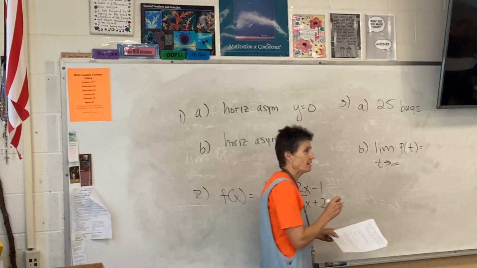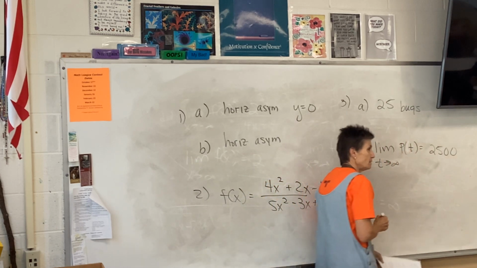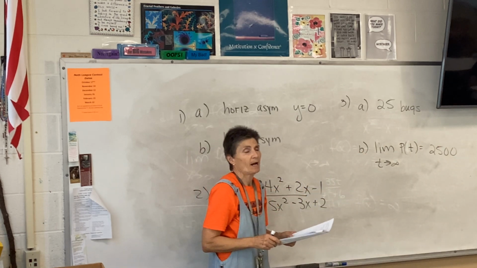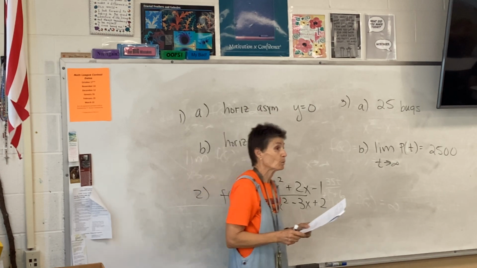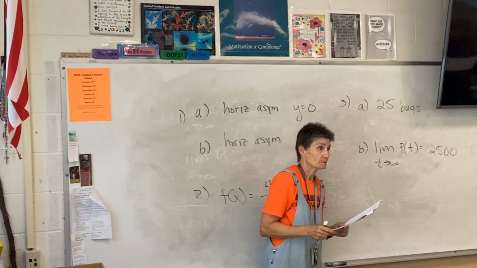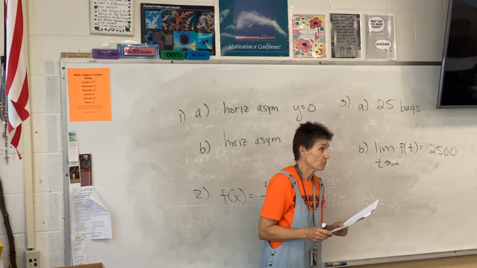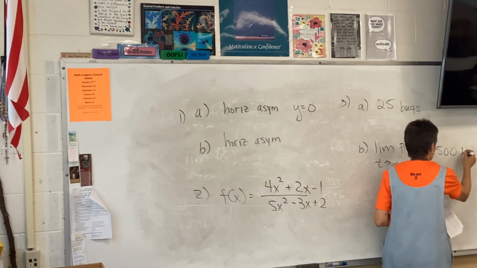So what is that? 2,500. Now what does that mean in the context of the problem? That's 2,500 what? Days? No. 2,500 bugs. Okay. So what does that mean?